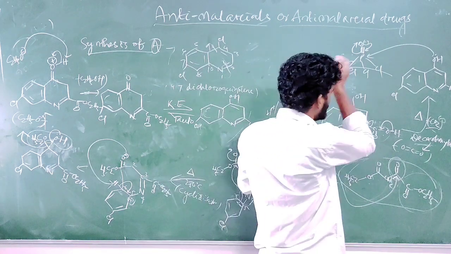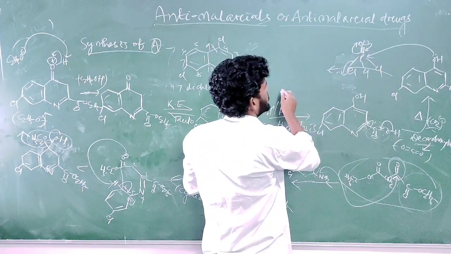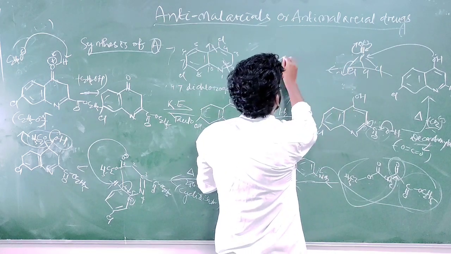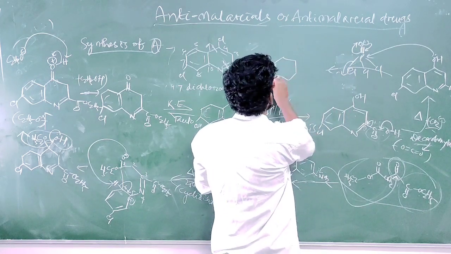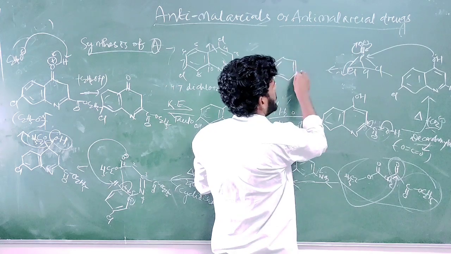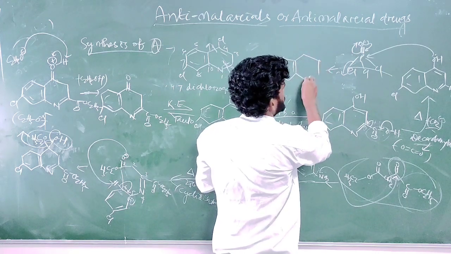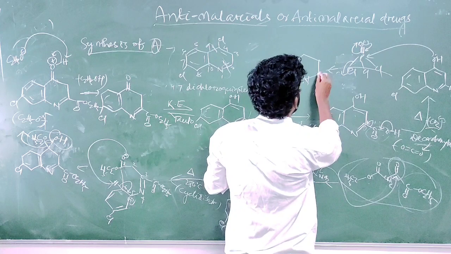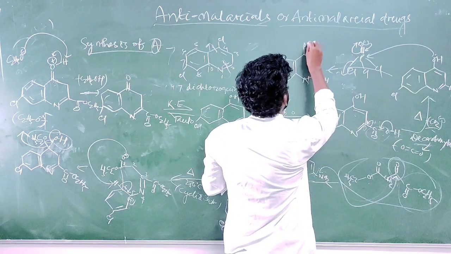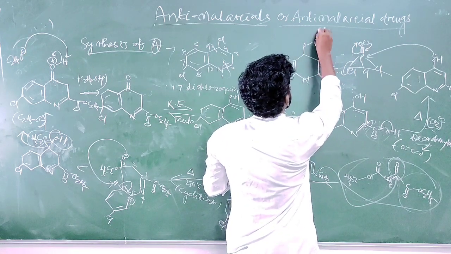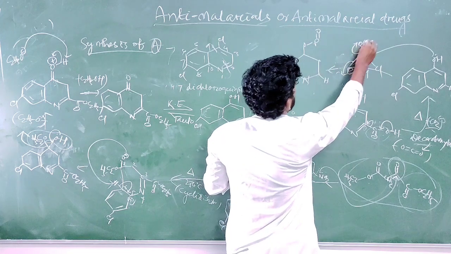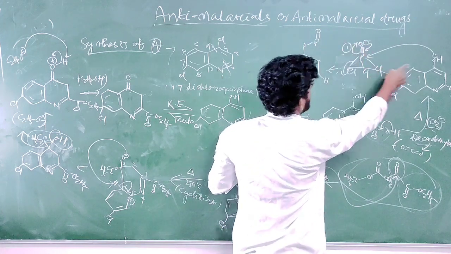Okay, all of you understand? So it will form, if you have any doubt, you can write it in the comment section. Oxygen attached to phosphorus, returns back. This is a fast step.